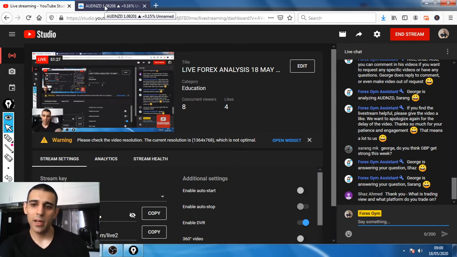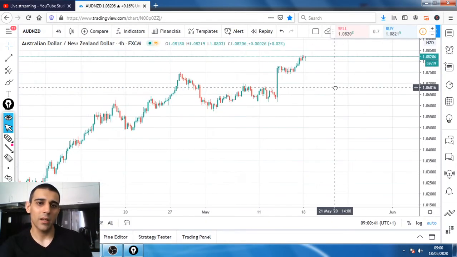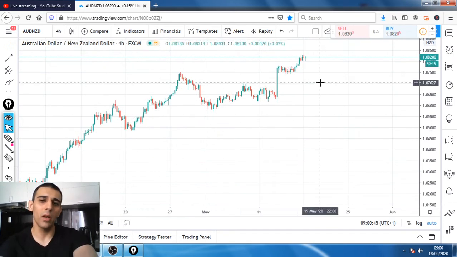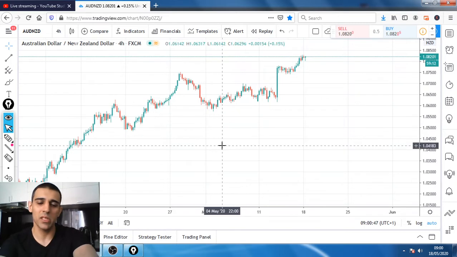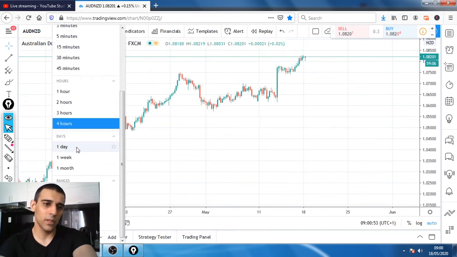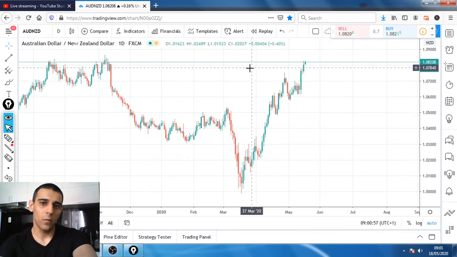Okay, Shaz is asking, what is TradingView and what platform do you trade on? TradingView is pretty much this platform, the one I'm using. I'm using this one, but I don't trade off of TradingView. I know that a lot of people are using TradingView, so that's just one of the platforms you can trade on, and it's pretty good. But I have not traded off of TradingView.